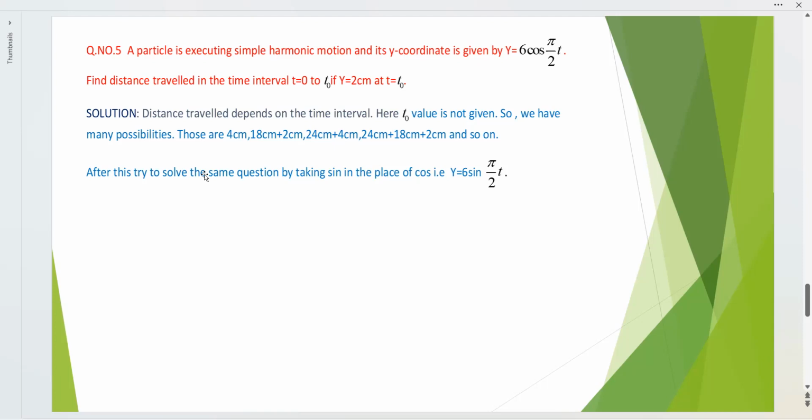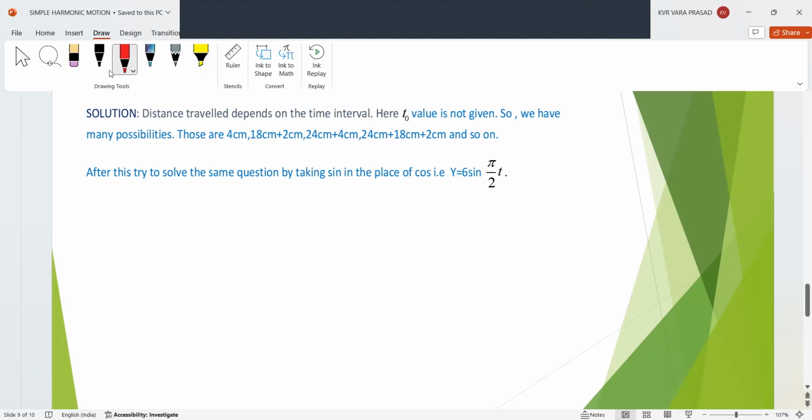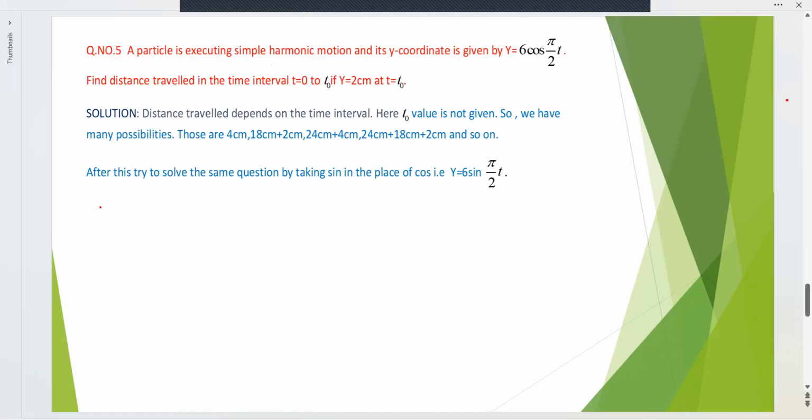Given function y equals 6 cos pi by 2 t, and it is asking for the time interval t equals 0 to t equals t naught.